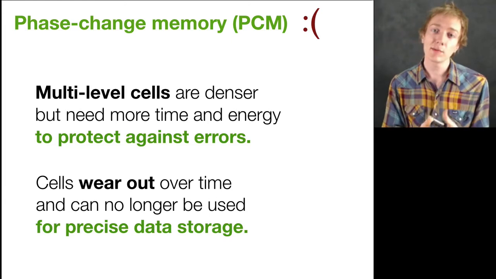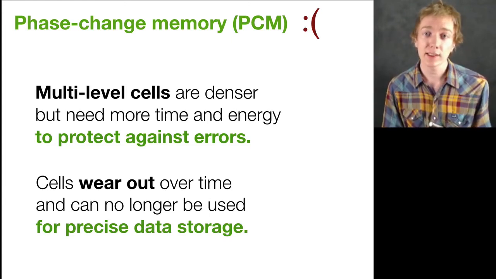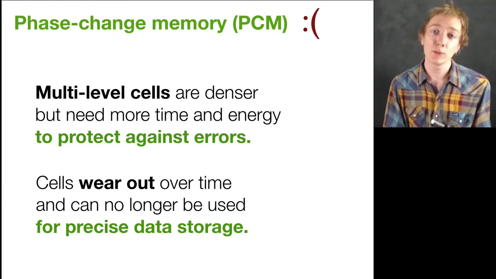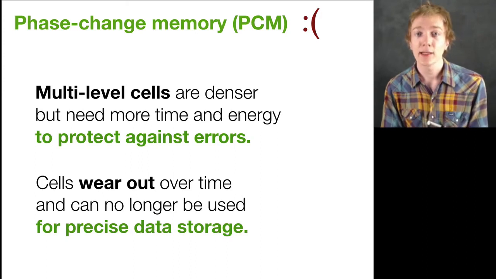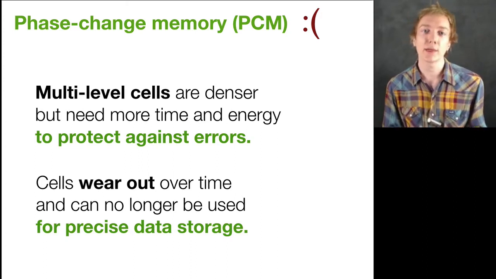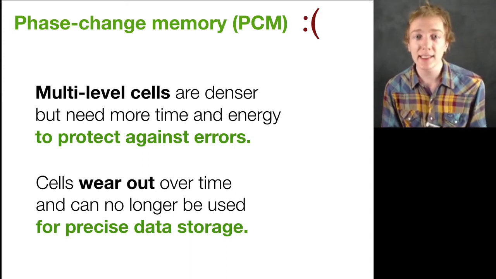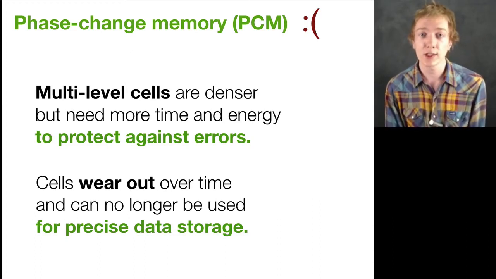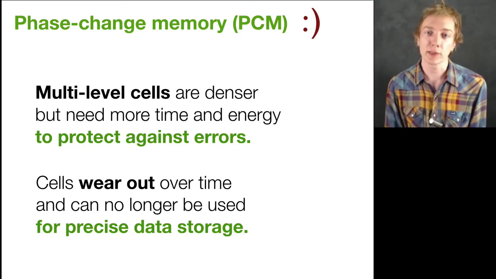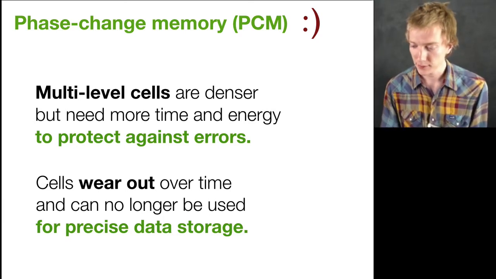Secondly, parts of the memory can no longer be used when they experience failures if you can't tolerate a few bit errors in the data that you store. But by using approximate data, by running applications that don't need exactly correct storage all of the time, we can relax both of these constraints and hopefully make PCM a near-term replacement for DRAM and flash.